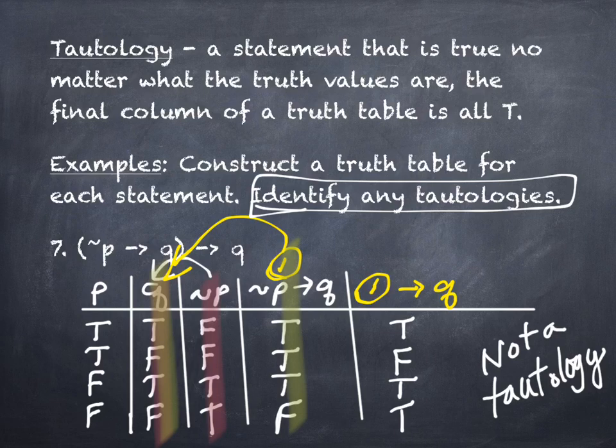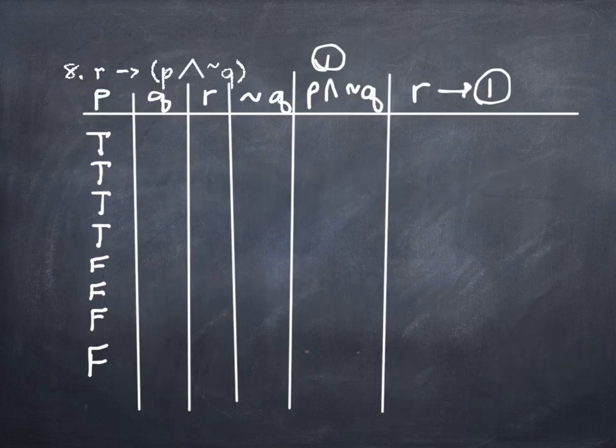We had a formula in the last section. However many component statements you have, it's 2 to that power. So when we had 2 component statements, we had 2 squared, which is 4 rows. And when we have 3 component statements, it's 2 cubed, which is 8 rows. So 8 rows means we have 4 and 4.